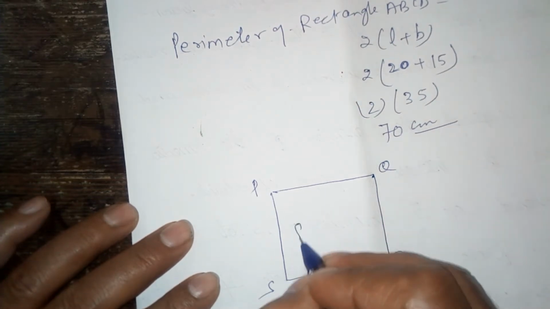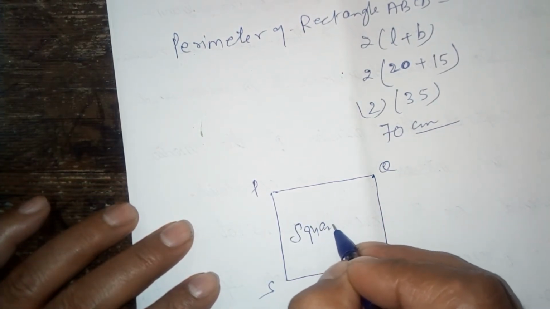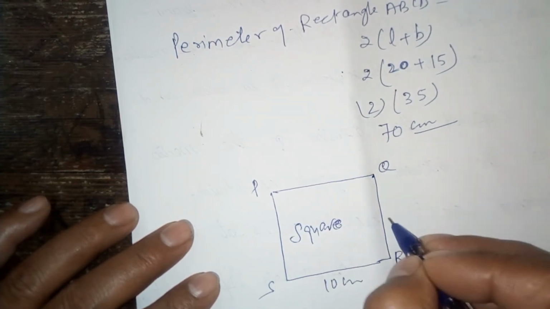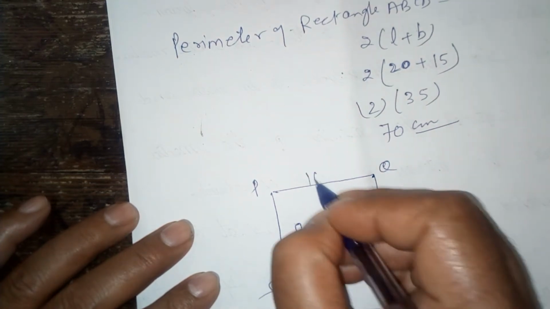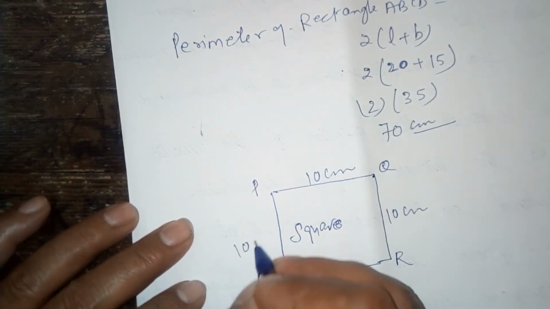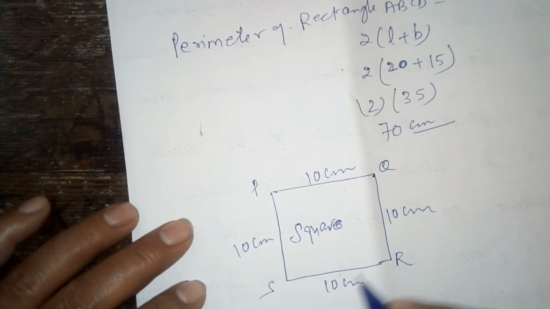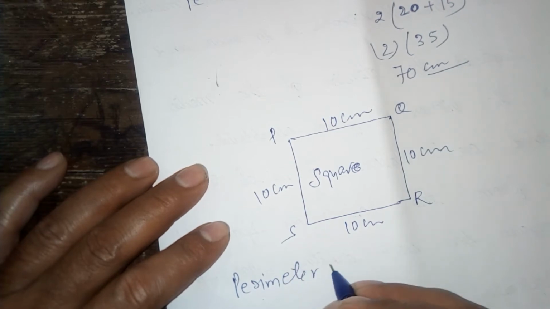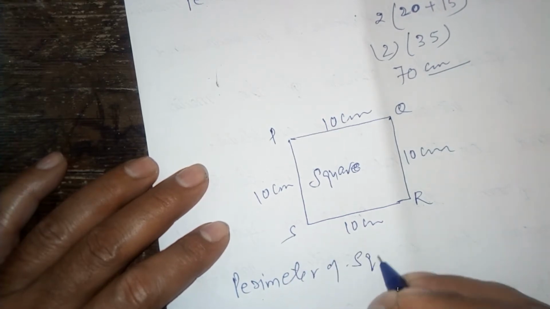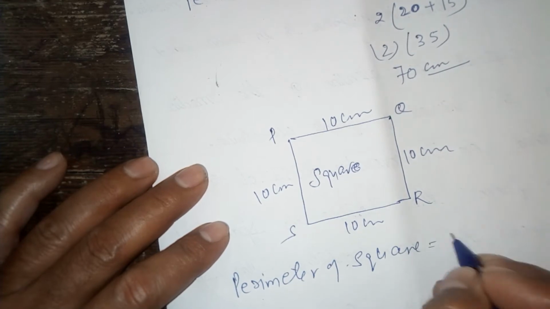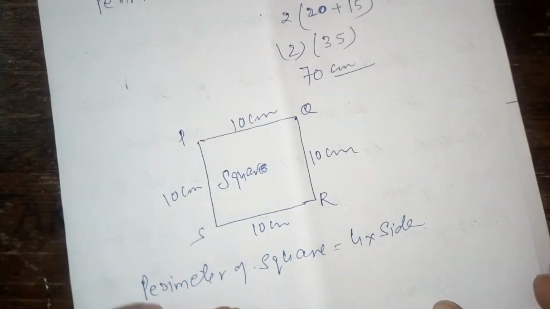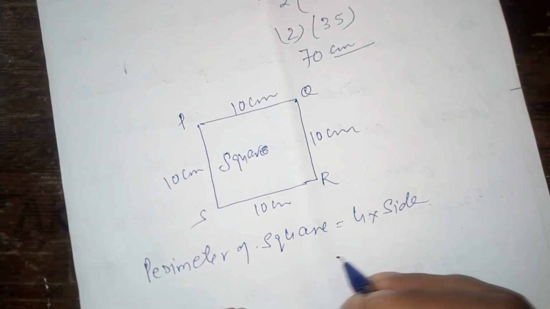Suppose in this square the length is 10 centimeter. So all sides will be 10 centimeter, and perimeter of square will be 4 into side.